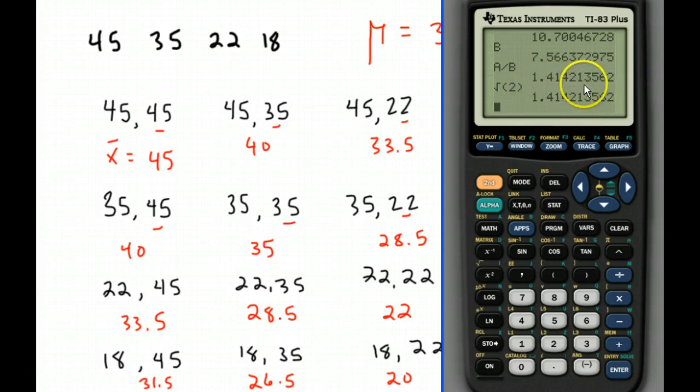But we're getting the square root of 2, where our standard deviation of the population has been divided by the square root of 2 to get us to the standard deviation of the sample means. So what does that translate to for what we're going to be doing? The standard deviation of the sample means is not equal to the standard deviation of the population.